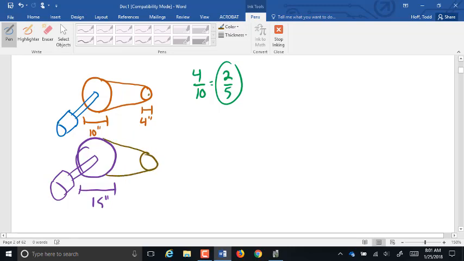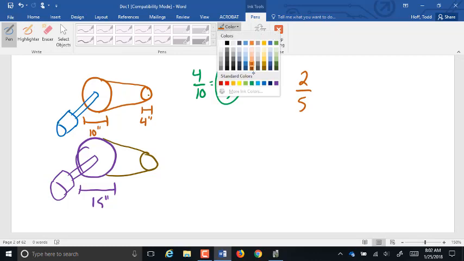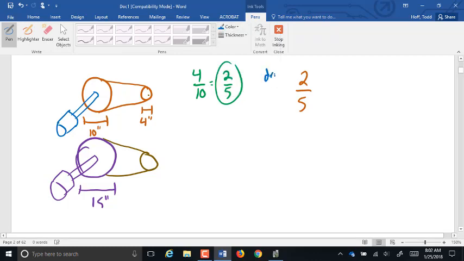I have to change this pulley in order to keep that same pulley ratio. Keeping the pulley ratio keeps the RPM constant. Well, I have this ratio here, 2 to 5. The 2 is the driven, and 5 is the driving.